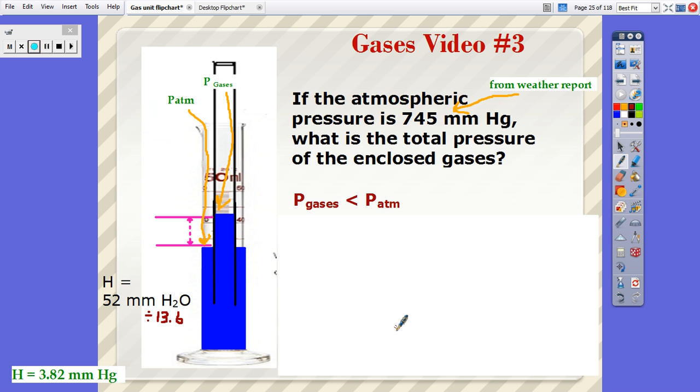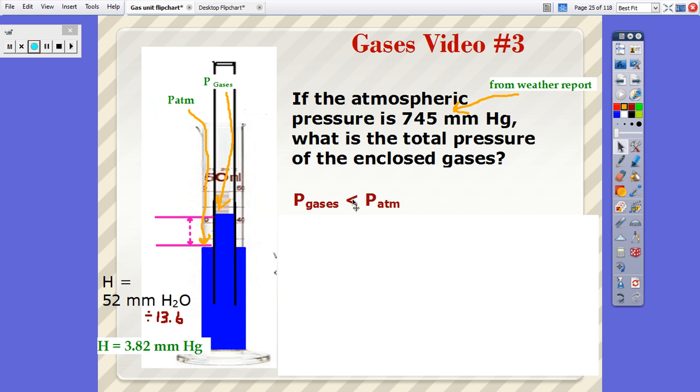So mercury will go 13.6 times less far, or water will go 13.6 times further than the mercury does. So I'm going to divide it to get mercury. Mercury will not go as far. After you do the 52 millimeters divided by 13.6, you're going to get a new height value, 3.82 millimeters of mercury. Now we're ready to do our calculations.